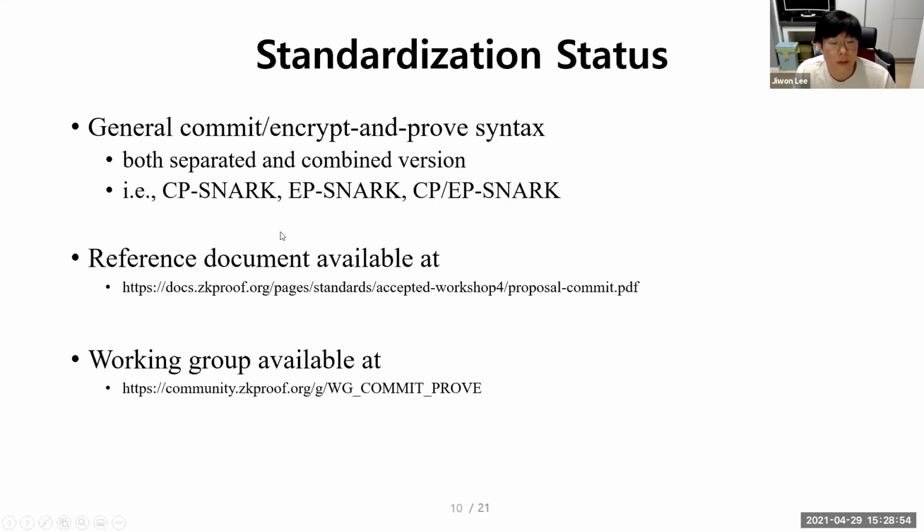This reference document is of course available at the Usability workshop paper link. Also, since last year, our working group has been doing some interactions to make progress. If you're interested, you are always welcome to type commit improve in the ZKProof working group, and you are free to join us and make more progress together.